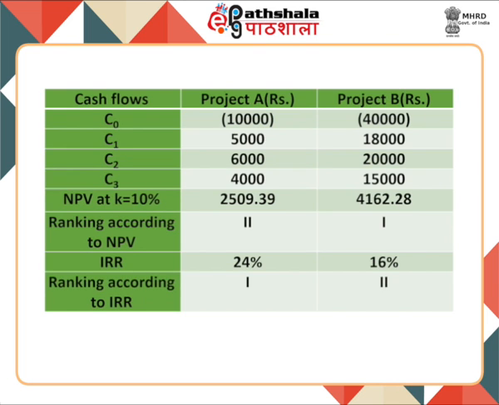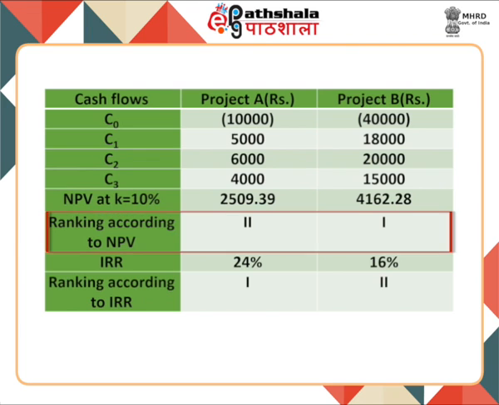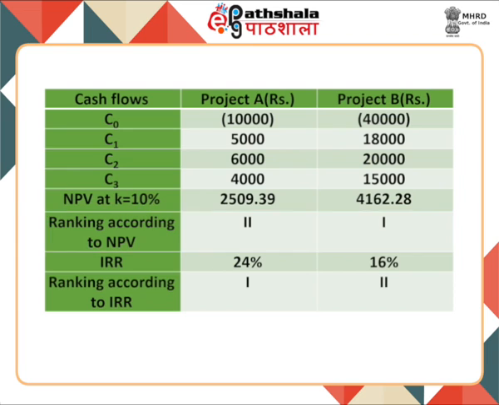The internal rate of return for project A comes out to be 24% and 16% for project B. Thus, we can see the results using the two techniques are entirely different. Both the methods are giving conflicting rankings. Project B should be selected according to the NPV method, while project A should be selected according to the IRR method.